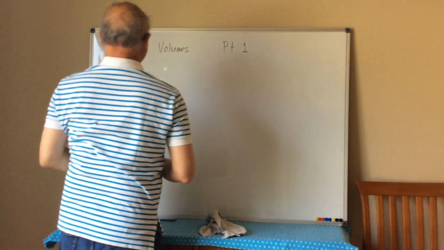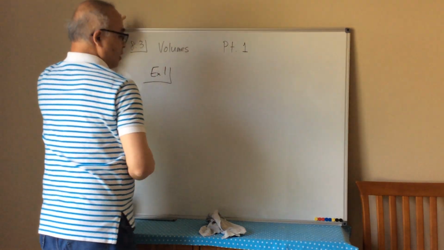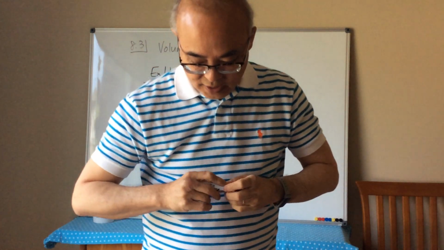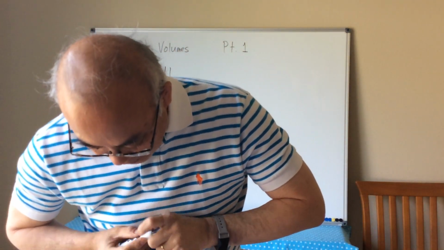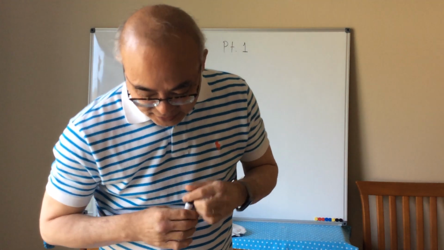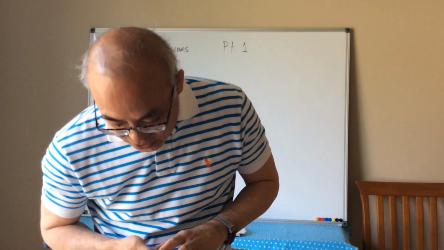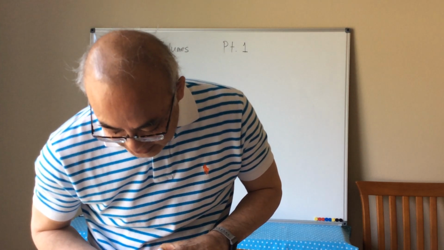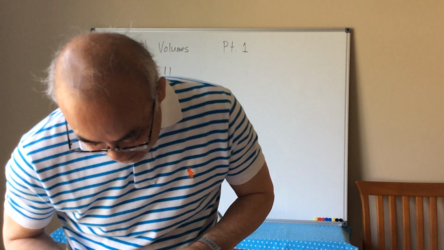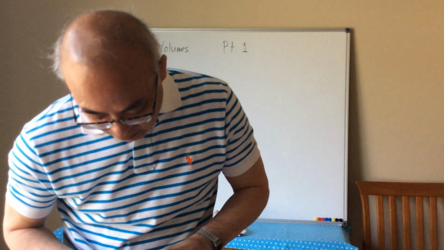In example number 1, what do we have here? We have a pyramid that is 3 meters tall and has a square base, 3 meters on each side. We're going to try to find the volume of this pyramid.